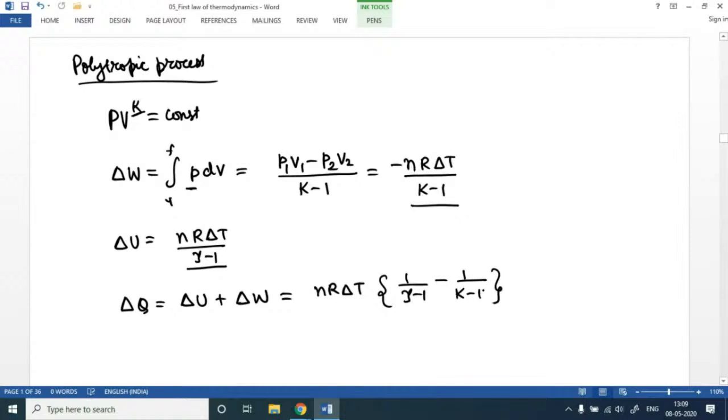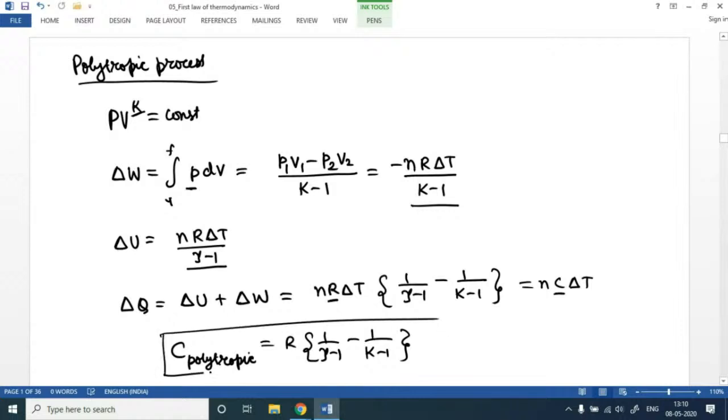If you wish to find the molar specific heat capacity of this gas, delta Q would be nC delta T, which you can also write for the polytropic process. So C polytropic is nothing but R into 1 upon gamma minus 1 minus 1 upon K minus 1, and that is one of the very important relationships. Please do remember this.